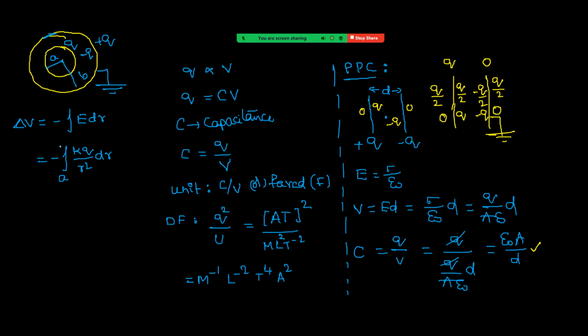It is A to B. See what we get. kq constant taken outside, and having here minus outside, 1 by r square dr. It is minus 1 by r. That minus minus gets cancelled. It's kq into 1 by r. Now take limits. It is A to B. Then see what we get.